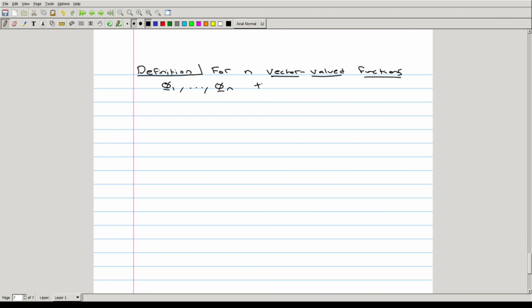The Wronskian determinant is defined as follows.